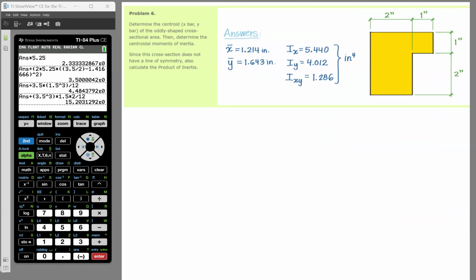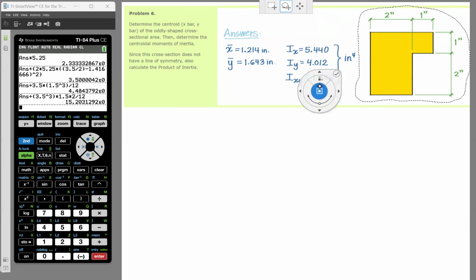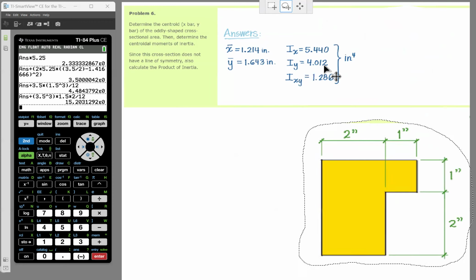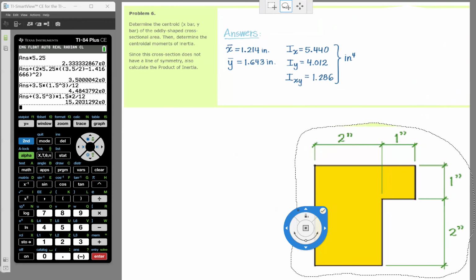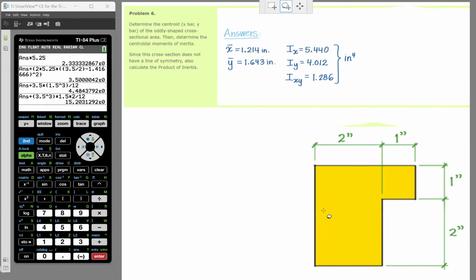We have an oddly shaped cross-section, and we want to figure out x bar, y bar, and the centroidal moments of inertia. And since this cross-section does not have a line of symmetry, now we get to also do the product of inertia. And what I'm going to do for this, I've worked this problem before, and I feel like it's a big advantage if we can make this a little bit bigger.